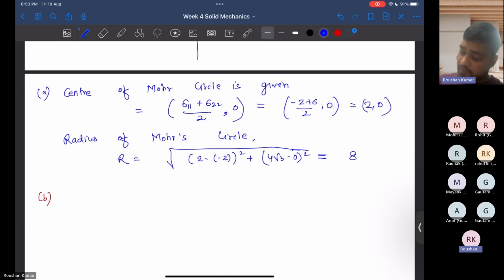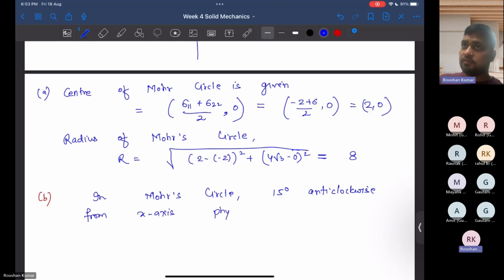So first I will write here in Mohr circle, 15° anti-clockwise from x-axis physically means 30-degree clockwise from x-axis.